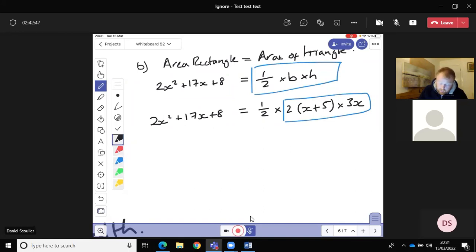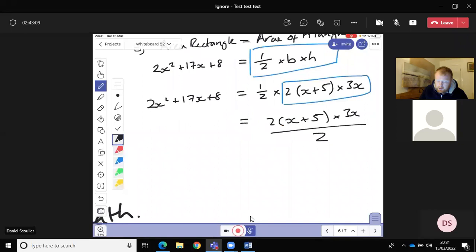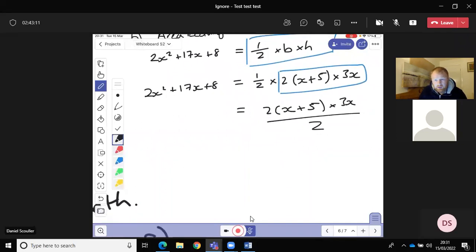Another way to write that would be 2x plus 5, multiplied by 3x all over 2. That's quite messy to do, so you want to try and get rid of that denominator. You could multiply that all out at the top, tidy that up, and then divide each term by 2.